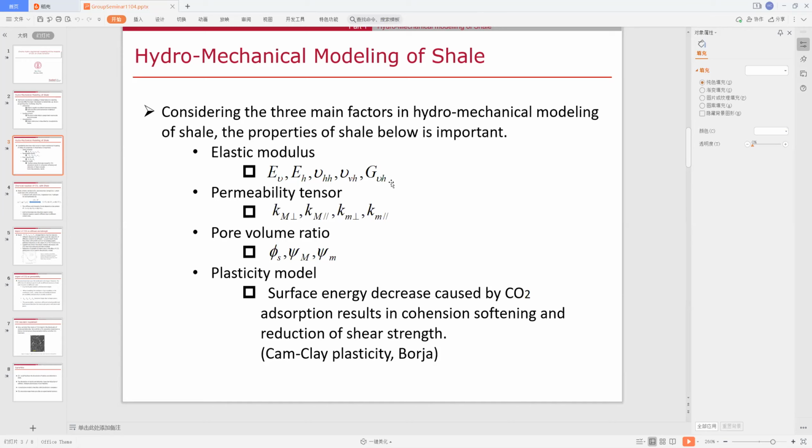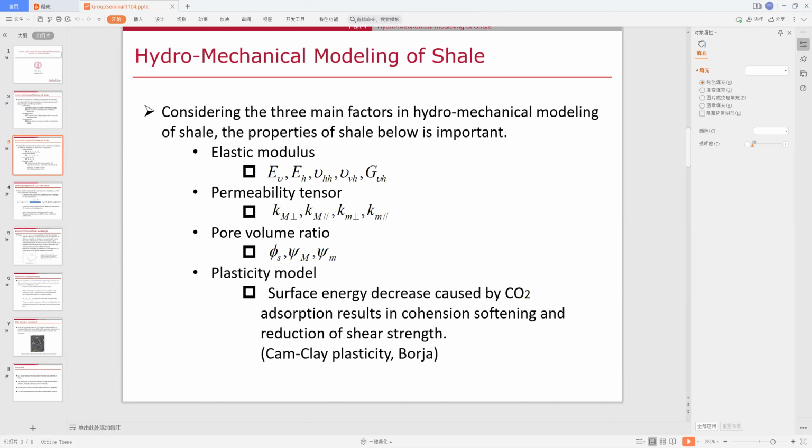Also, the fluid flow is considered transverse isotropic too. Given that we assume double porosity, we have 2 scales. So now we have 4 independent parameters to describe permeability tensor for different pores of scale. The double porosity also inspires us to study the volume ratio of pores of different scale. So we need these 3 parameters to describe the pore volume ratio.